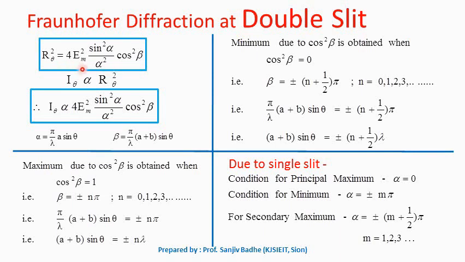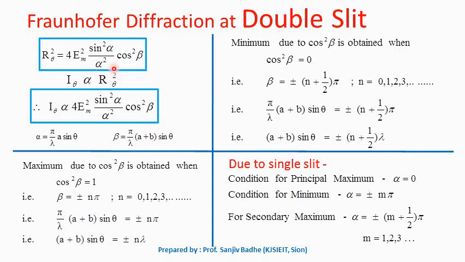Here you can see two factors. One is Em square sin square alpha upon alpha square, which represents the individual effect of a single slit, and cos square beta, which represents the combined effect of the two slits. Alpha is equal to pi by lambda a sin theta and beta is equal to pi by lambda (a plus b) sin theta.